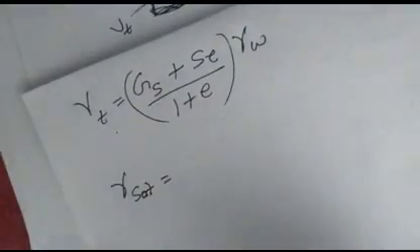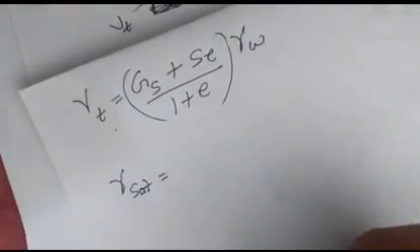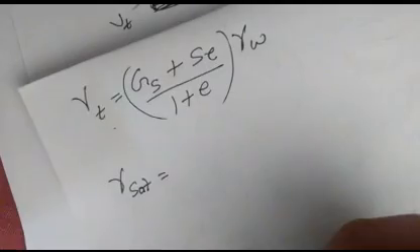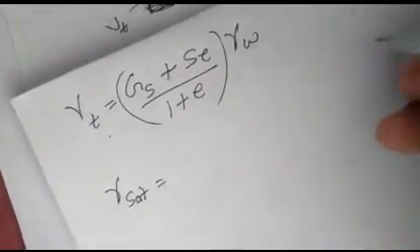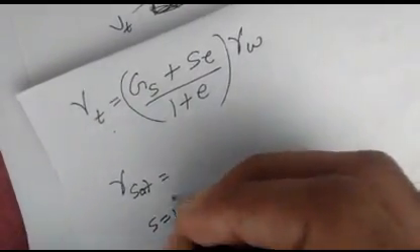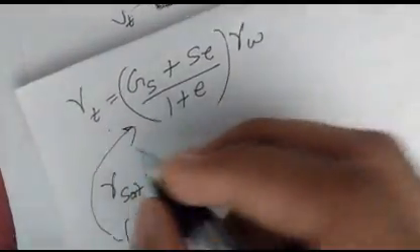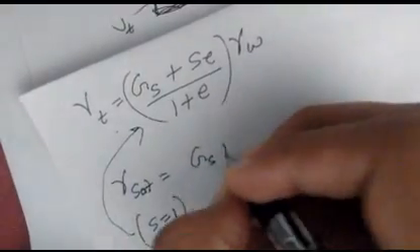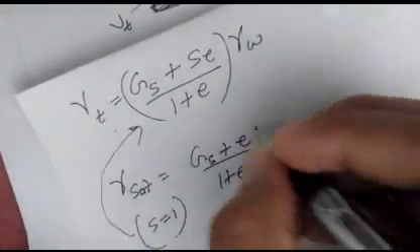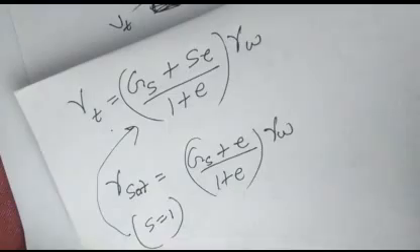What is gamma sat? Gamma sat is basically fully saturated. My soil is fully saturated. That means degree of saturation is equal to 1. What is degree of saturation? That is S is equal to 1. So if I am using S is equal to 1 here, what do I get? GS plus E by 1 plus E into gamma W.